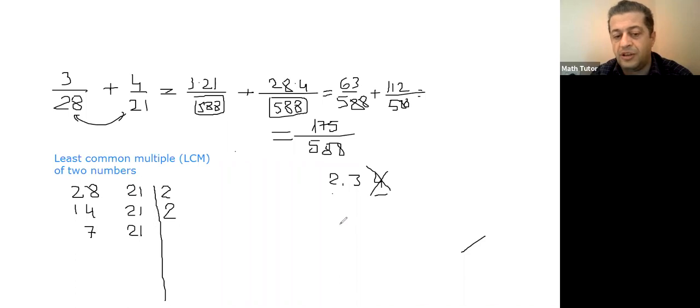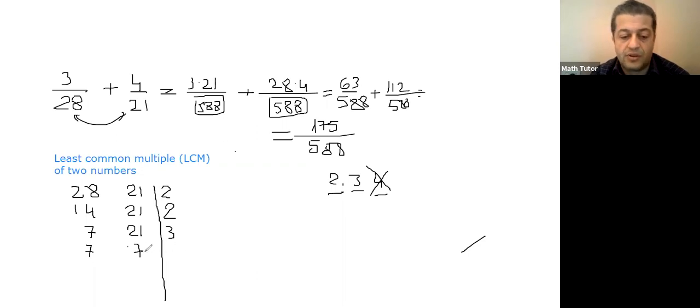So we should continue, if possible, with the next prime number, the number 3. If any of the numbers we have here can be divided by 3, it's okay. We continue. We see that 21 can be divided by 3, but 7 cannot be divided by 3. We write 7 without any change, and 21 divided by 3 gives 7.